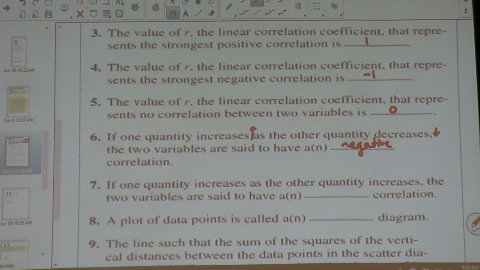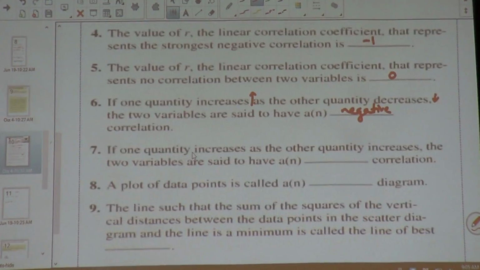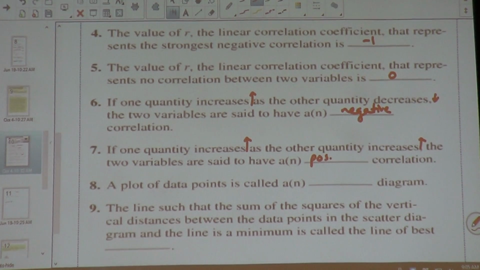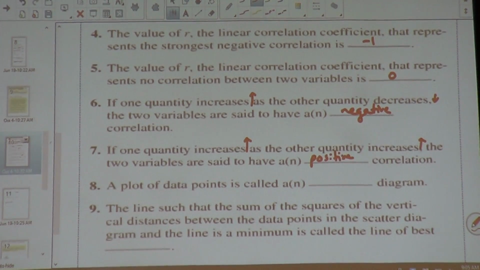If one quantity increases as the other quantity decreases, it has a negative correlation. Don't make this harder than it is. It's a word problem, I know, and y'all are freaking out. If one quantity increases as the other quantity increases, positive. Y'all know it. A plot of data points is called a scatter diagram.